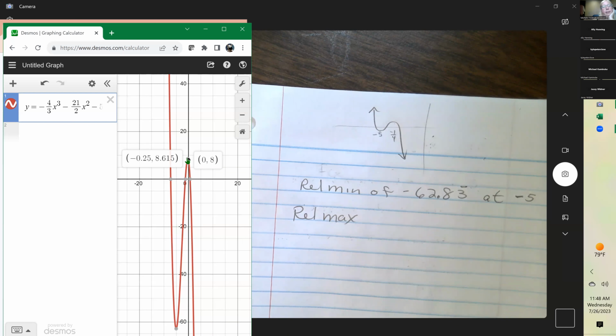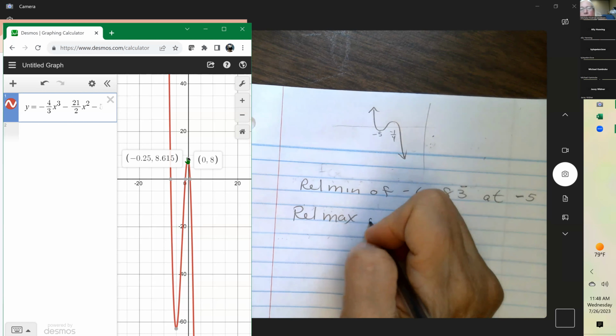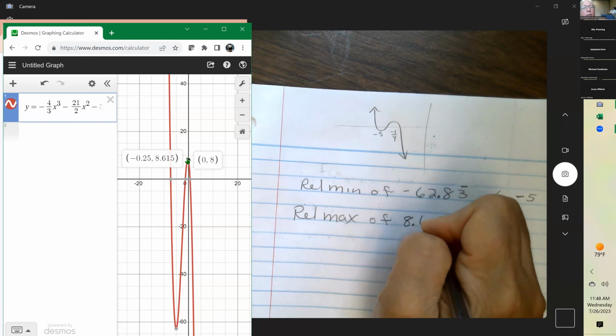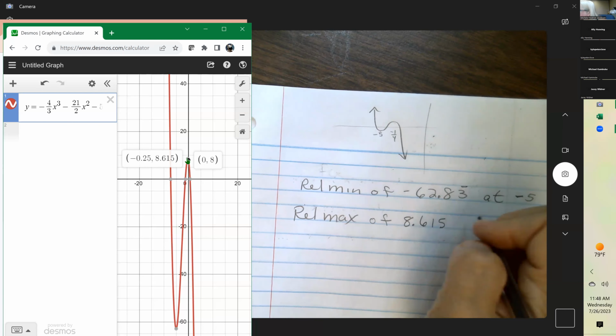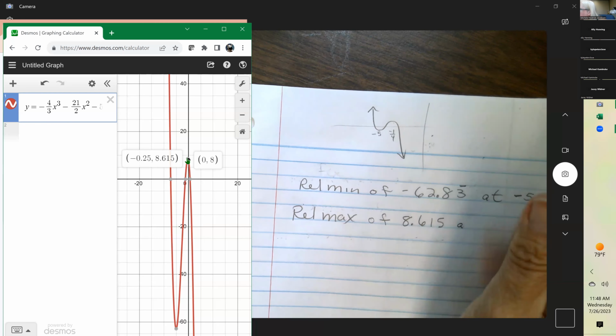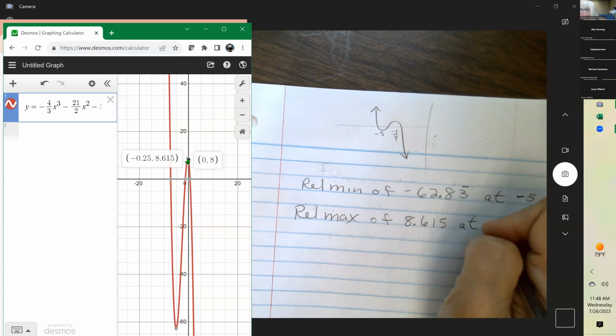We wanted the -0.25 because we had -1/4. Relative max of 8.615 at -1/4.